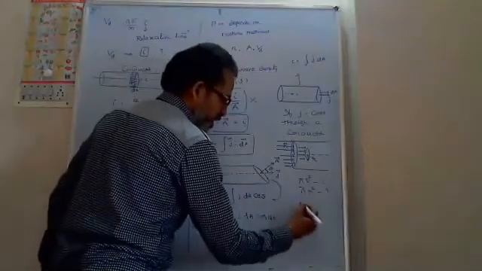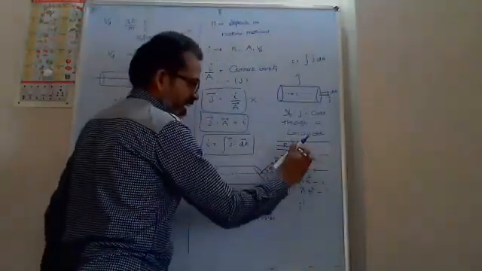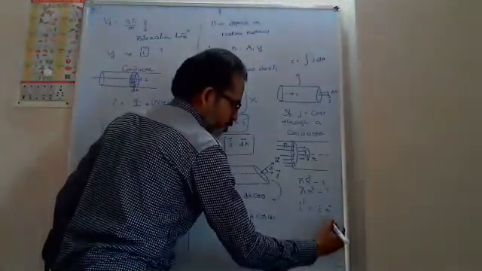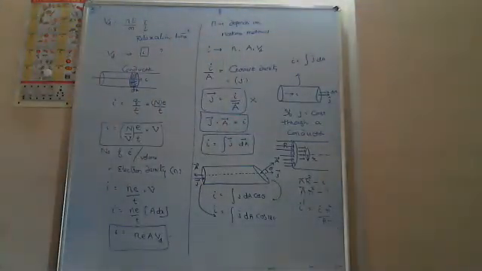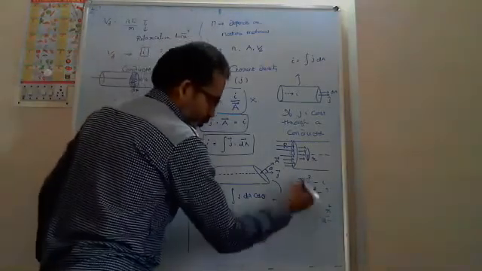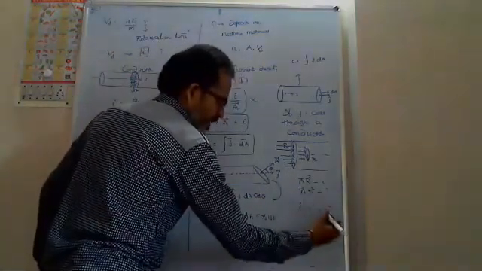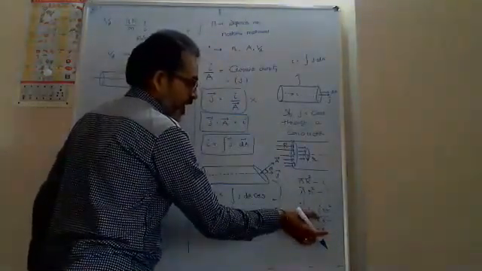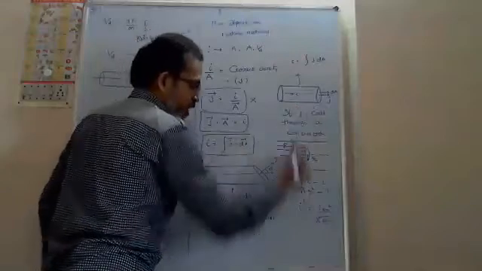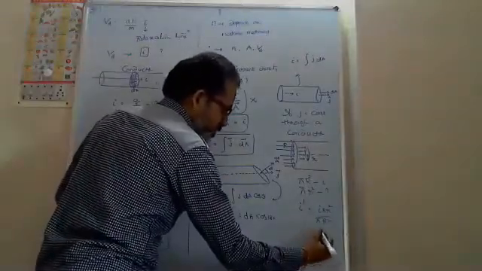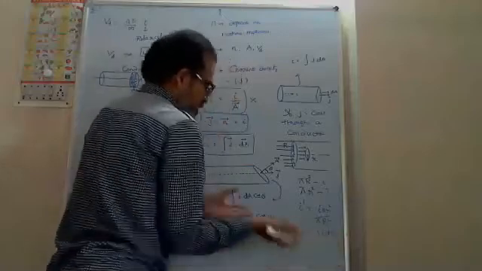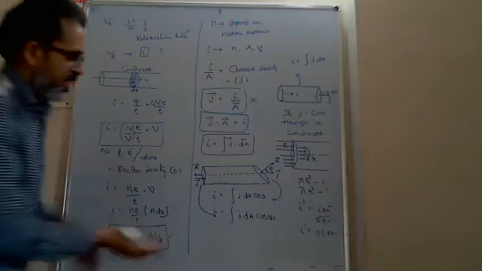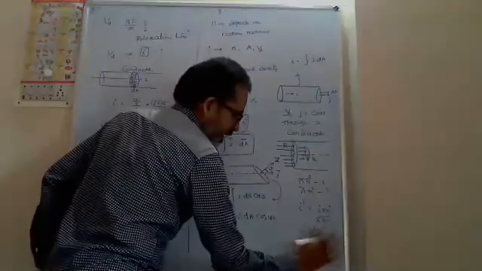Let it be I dash. That equals I into r squared by R squared. You can write that as, if you cancel pi in numerator and denominator, I by pi R squared, total current by total area, which is J, the current density. Therefore I can write I dash is equal to J into dA. See, the same formula I applied there, J into dA, where the area you are taking is pi r squared.